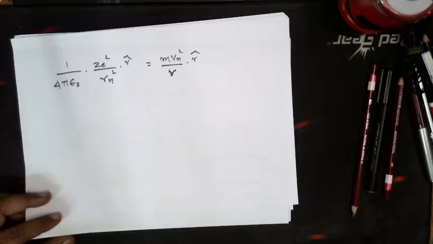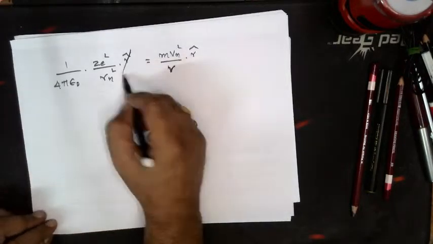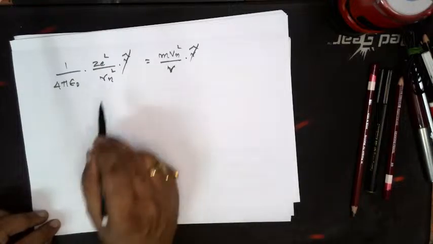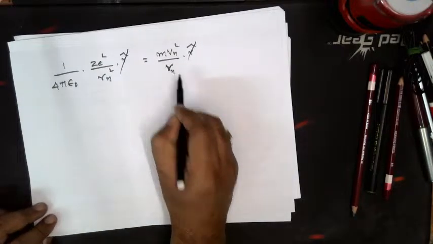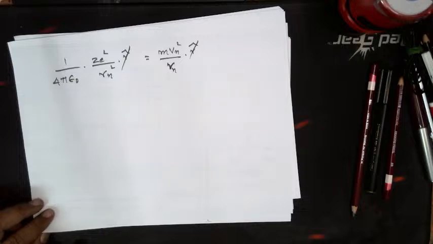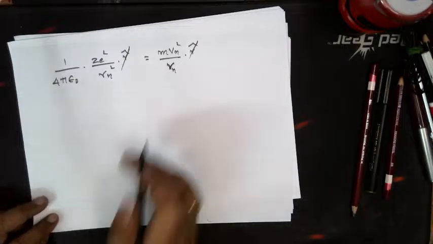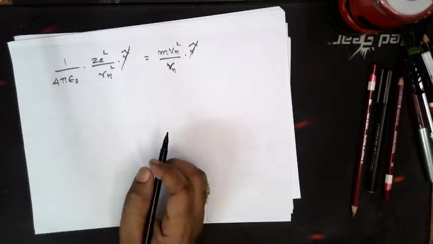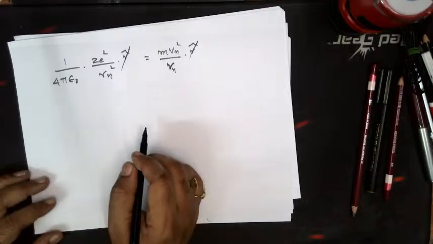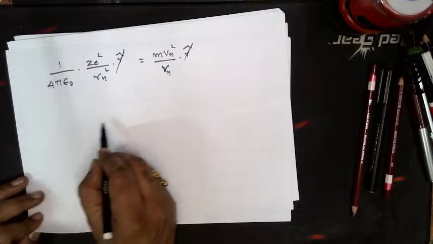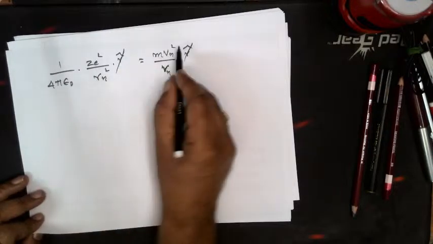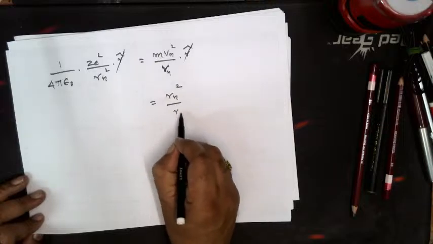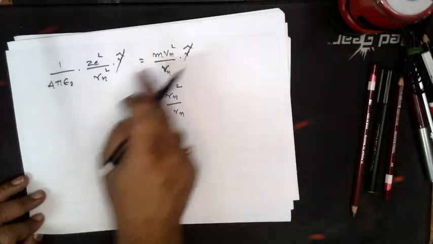Now we can comfortably remove this R cap, and we want to have Rn here. Are you able to follow? So we bring this Rn to this side, Rn squared divided by Rn, and bring this m Vn squared to this side.